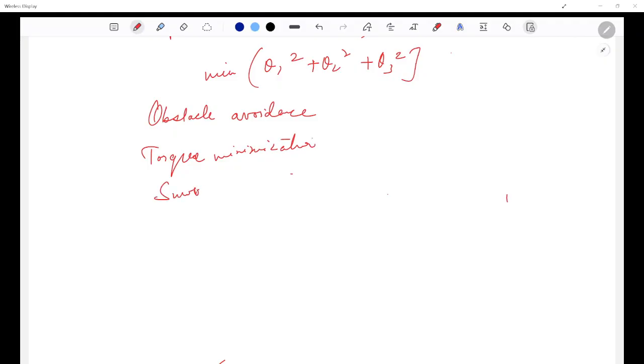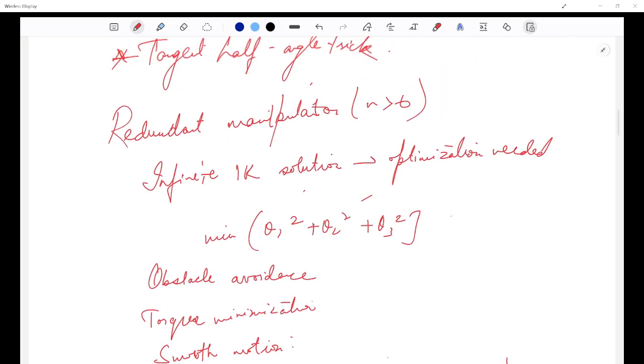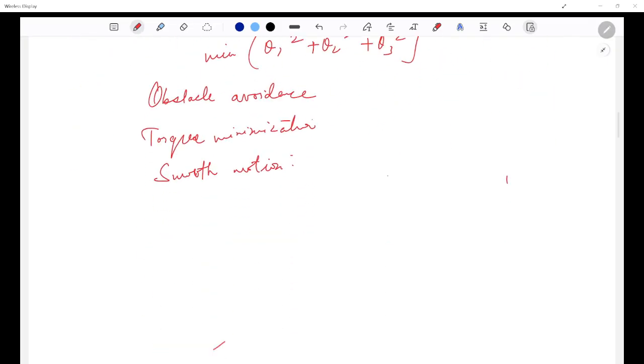You might have heard of minimum jerk trajectory, minimum acceleration trajectory, etc. Okay, fine. So your workspace defines the reachability, and this redundancy enables the optimization. Let's have a question on workspace first.